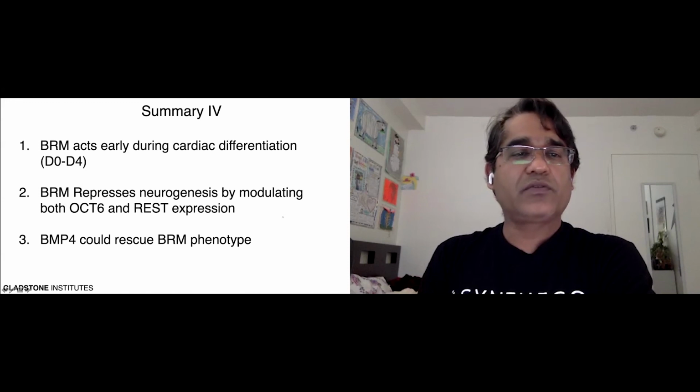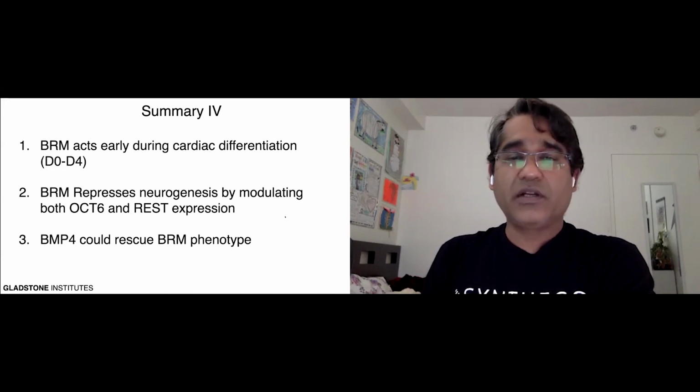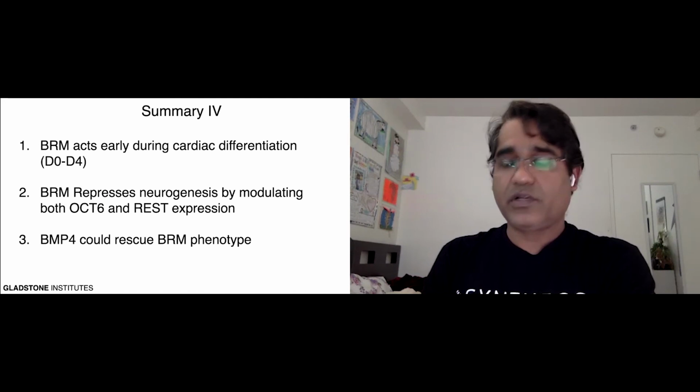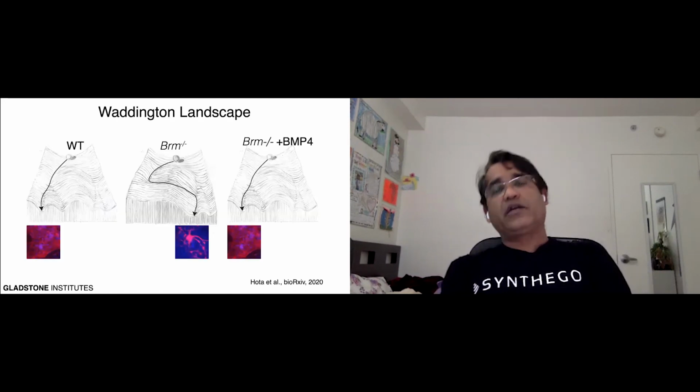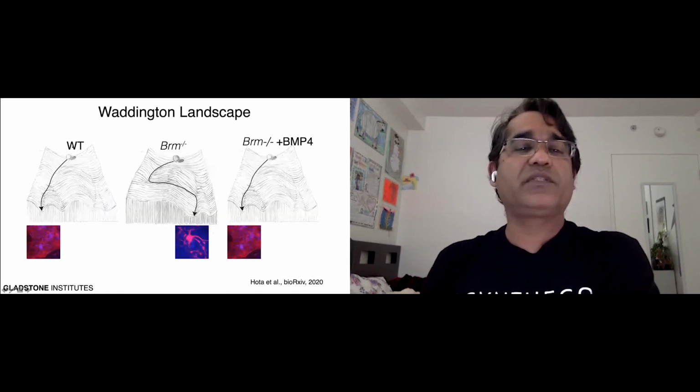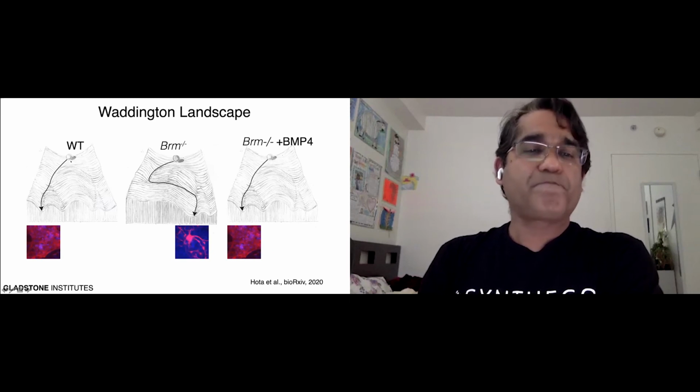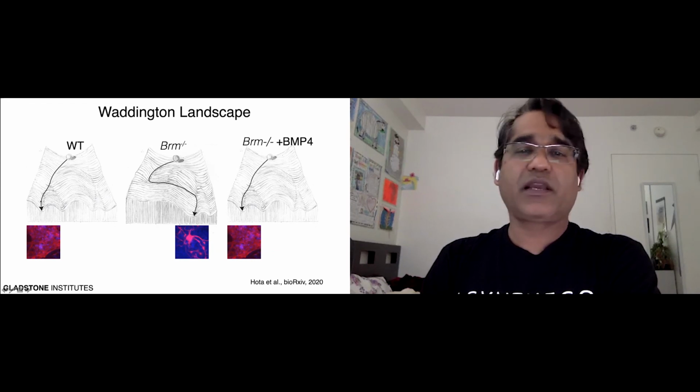So with that, I want to summarize that BRM acts only during cardiac differentiation. BRM represses neurogenesis by modulating both OCT6 and REST expression, and BMP4 could rescue the BRM phenotype. If I take you back to the Waddington landscape, what happens in wild type cells? Cells differentiate and take this particular canal to form cardiomyocytes, and we may call it the cardiac canal.